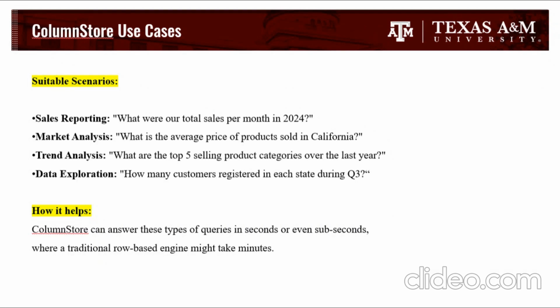Or trend analysis: what are the top 5 selling product categories over the last year? Or data exploration: how many customers registered in each state during quarter 3? All these questions are suitable scenarios where ColumnStore can be used. ColumnStore can answer these types of queries in seconds, where a traditional engine might take several minutes. That is the advantage of ColumnStore use cases.